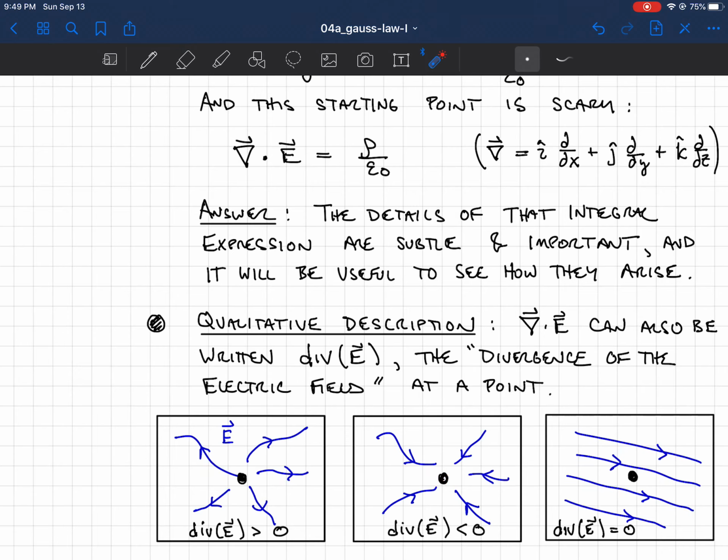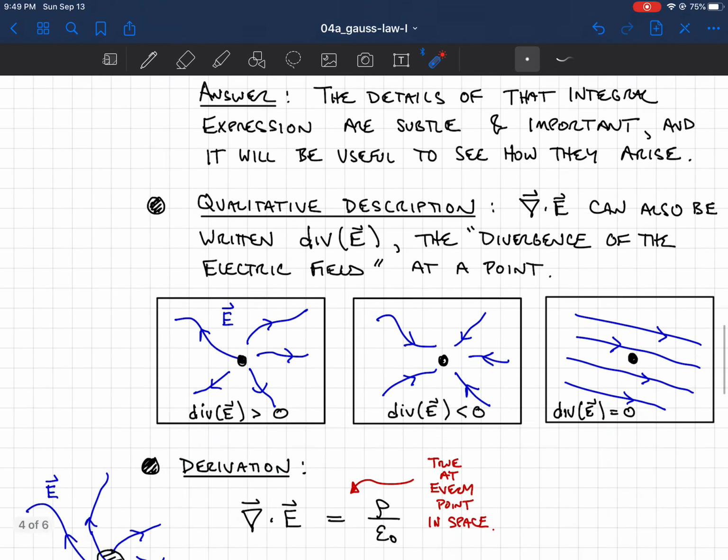So if you have negative charge, you have field lines coming in. And finally, if the field lines aren't diverging, the divergence of E is equal to 0, then the charge density must also be 0. So in a region with no charge, the field lines simply go straight. That's the basic idea of Gauss's law, and that's the way that you can understand this differential formula, even though we don't really understand the vector calculus behind it.